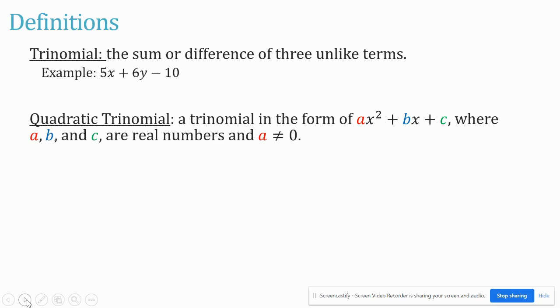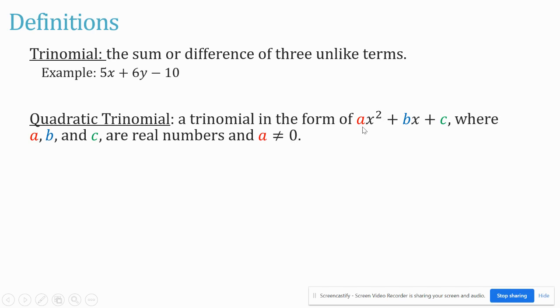Okay, next is a quadratic trinomial. This is new. Even though we've seen them before, we've never really referred to them as this yet. It's a trinomial in the form of ax squared plus bx plus c, where a, b, and c are real numbers and a does not equal 0.